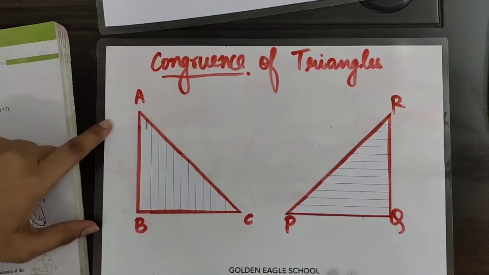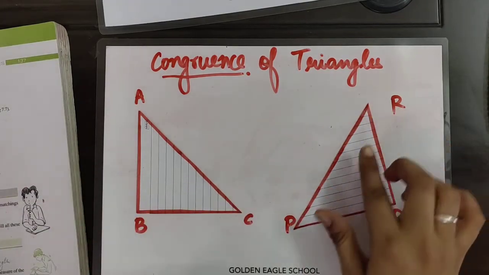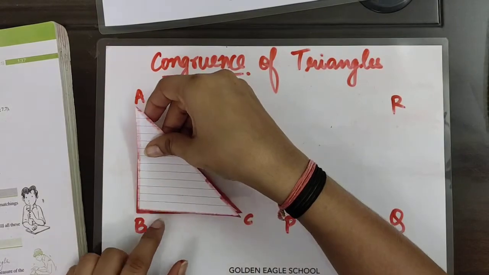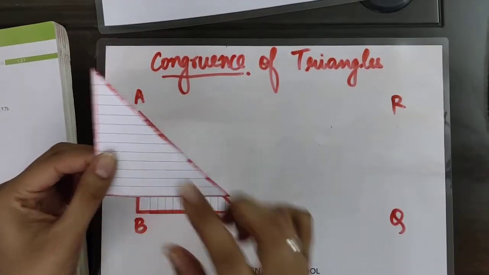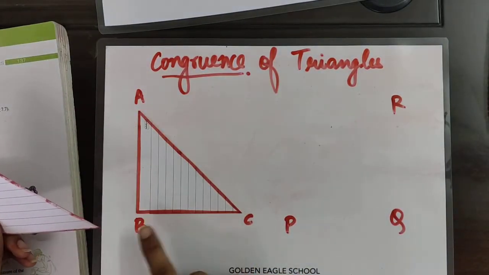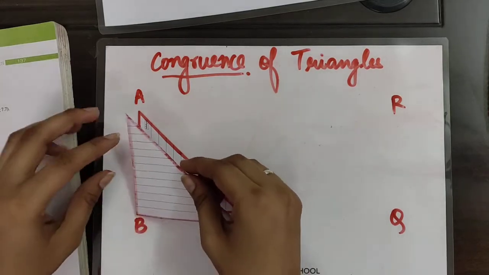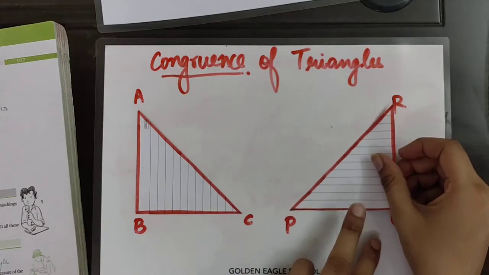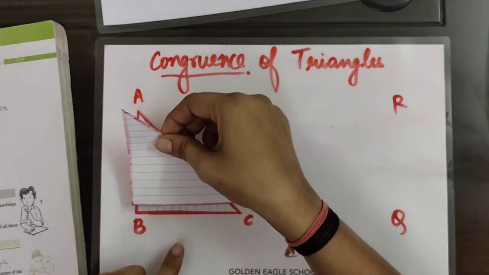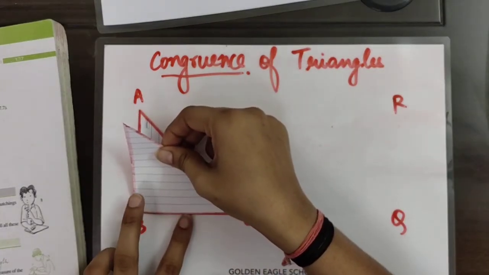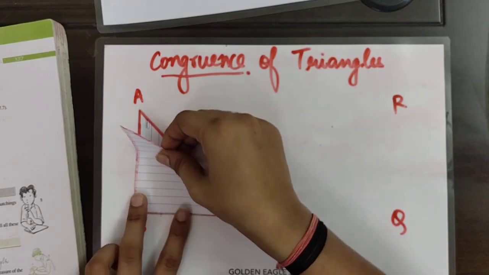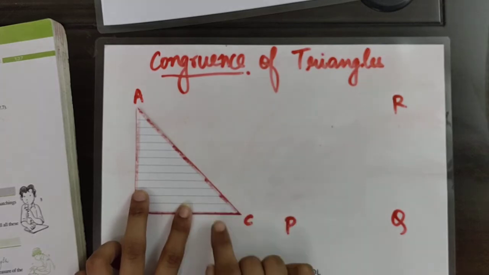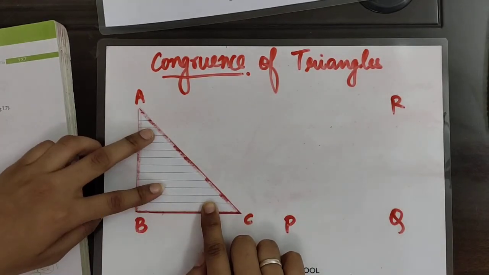That congruence means when we take this triangle and superpose it on another triangle, then this triangle should cover triangle ABC completely. I just picked it up from here and placed it over here. So triangle PQR has completely covered triangle ABC.